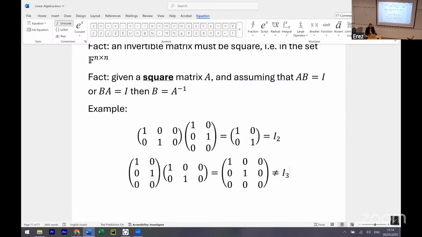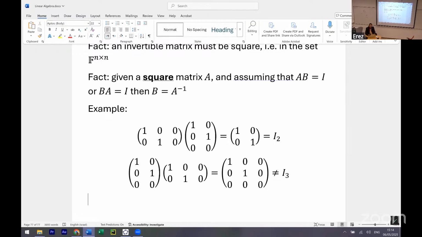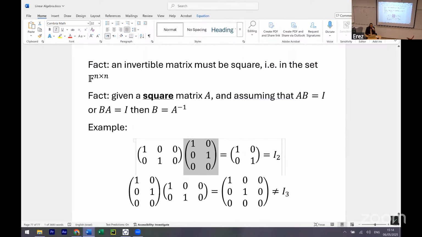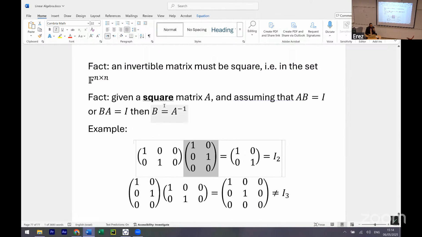So that means that these matrices are not invertible. Because if they were invertible, it's supposed to be the same matrix that inverts you in both ways. But here I saw that on one side you get I, and on the other side you don't get I. So this has to do with both these claims.